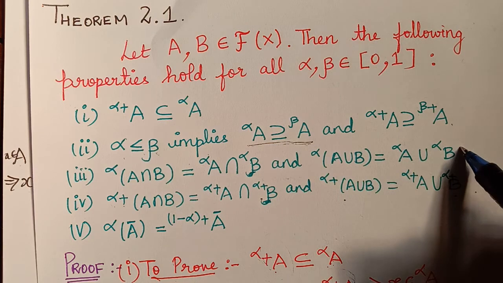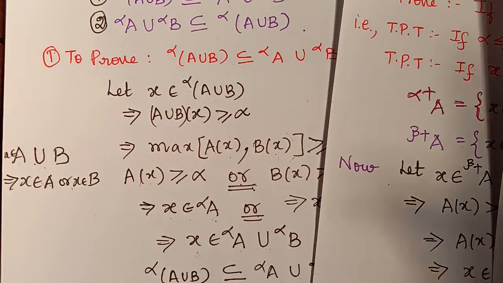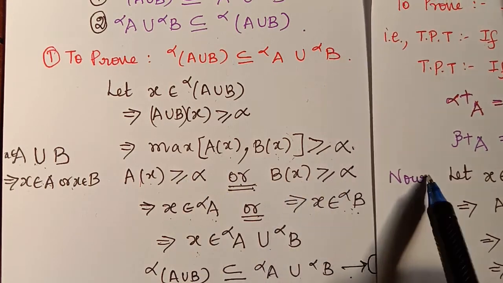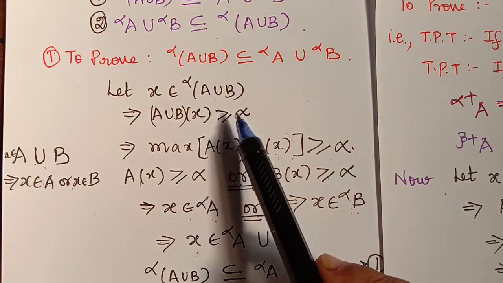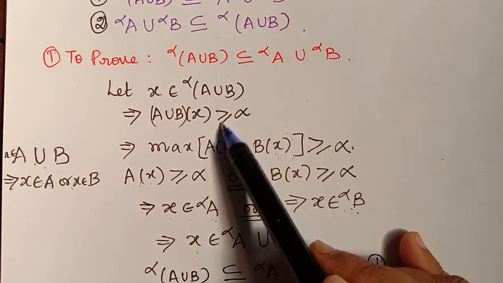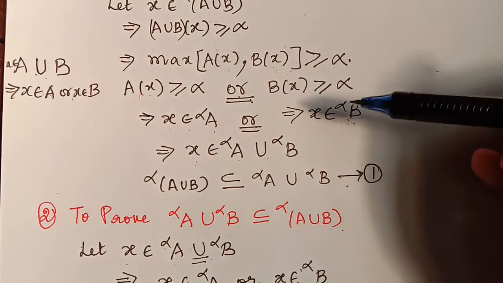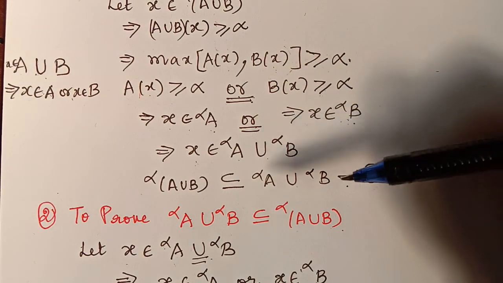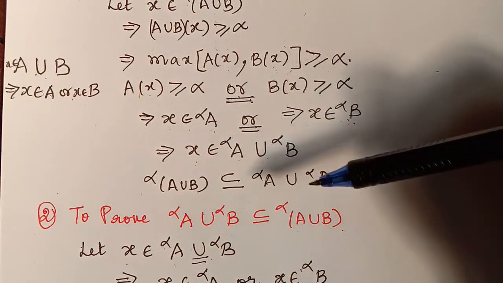It is same as the proof of property 3. The only difference is we will be having strictly greater than symbol at these places. So that will be the only change we will be making. Otherwise it is same as proving property 3 only. So I give it as an exercise. Kindly do it for yourself.